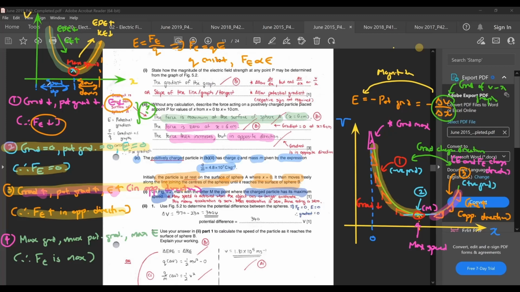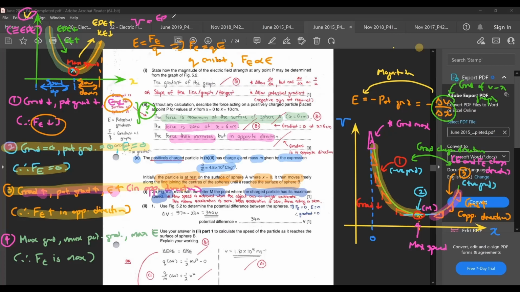Because you see, you have been speeding up all this while, and then suddenly you start to slow down. That means you have already passed your maximum speed. The point where you change from speeding up to slowing down must therefore be your maximum speed. And this is also something I explained before. This is a graph of potential versus distance, right? It's also akin to your electric potential energy versus distance graph because of the equation from 1 or 2 lessons ago.